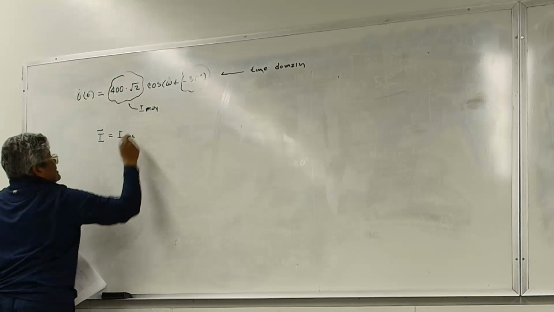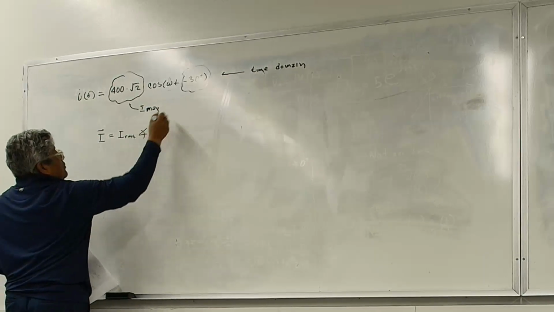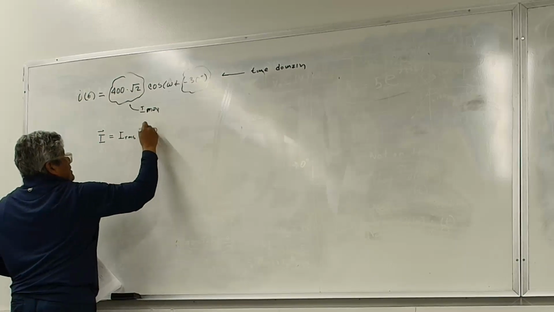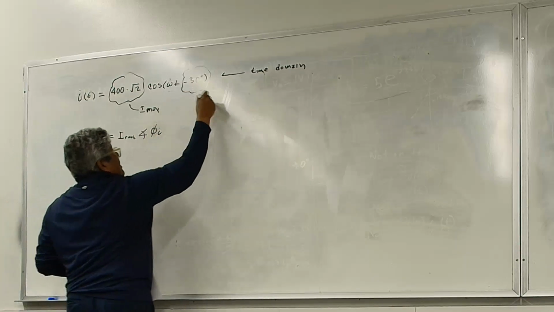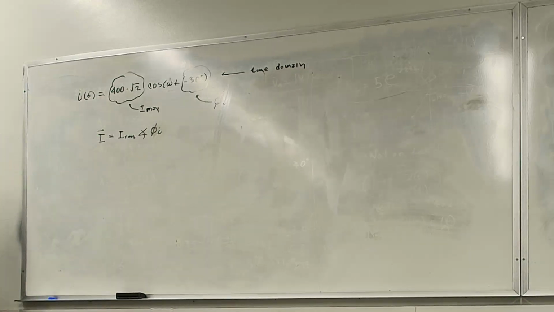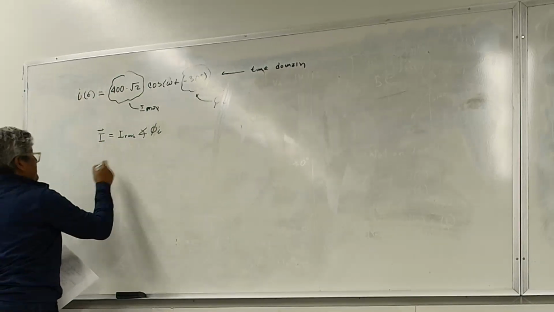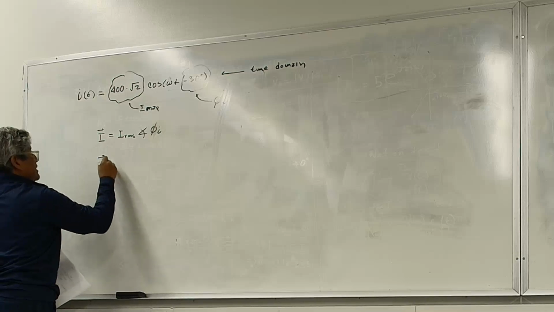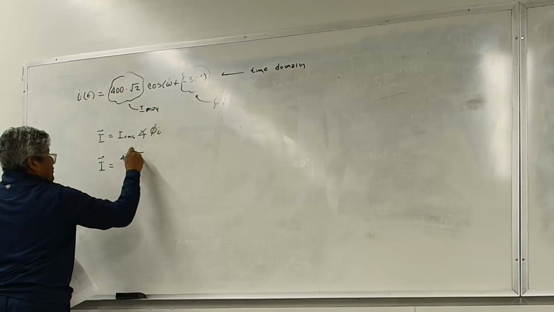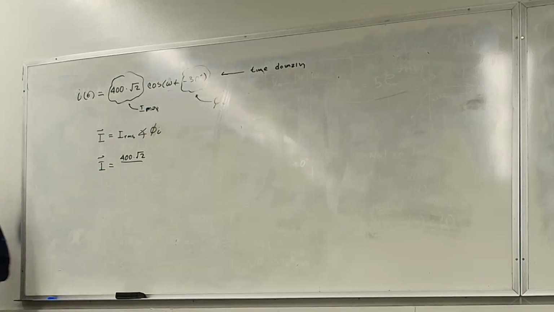I'm going to call it I max. I RMS, angle, I'm going to use phi I, or the angle of the current. I know that I is equal to 400 times the square root of 2, that's the peak value, or the maximum value.